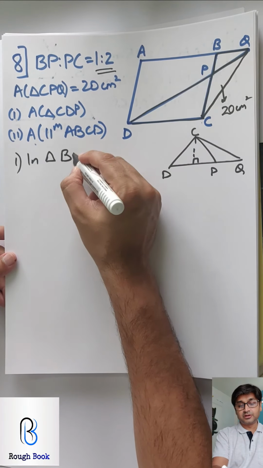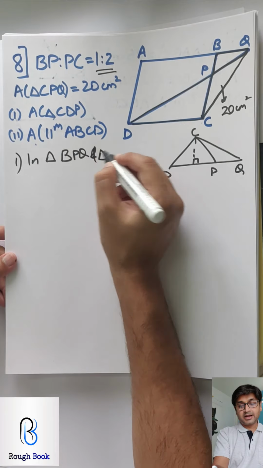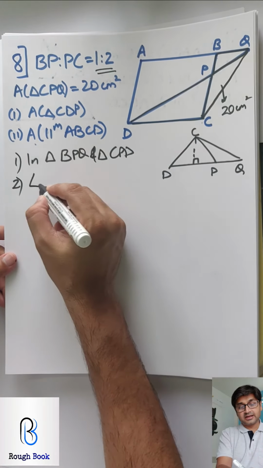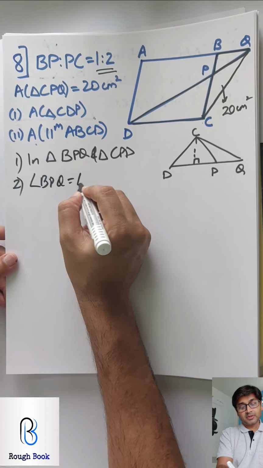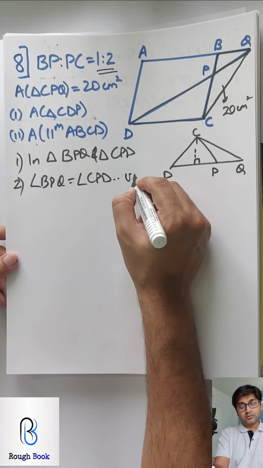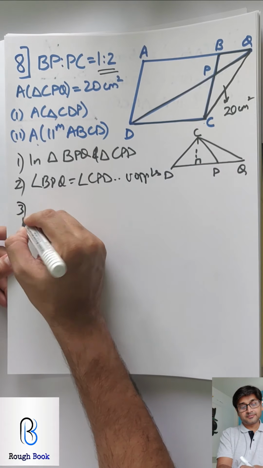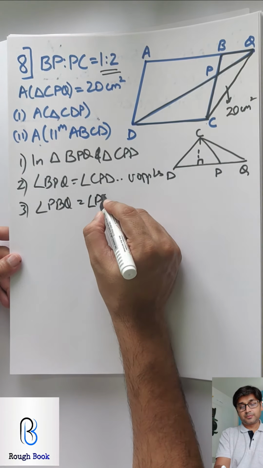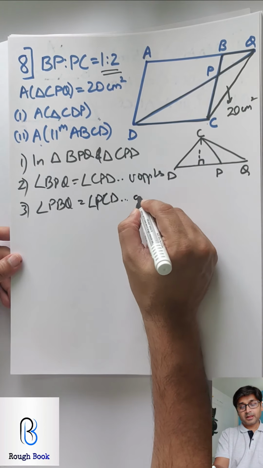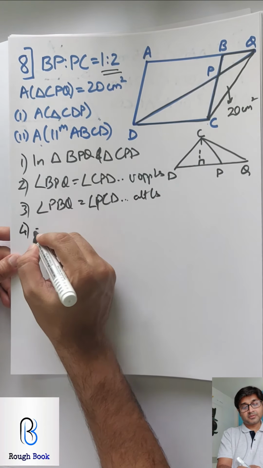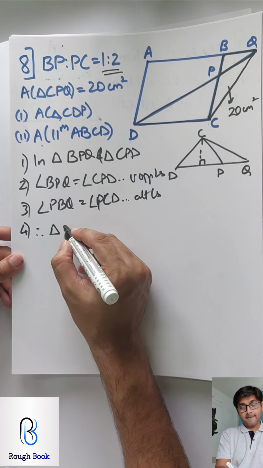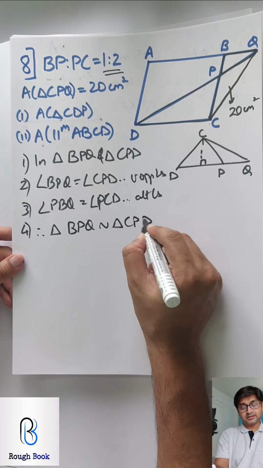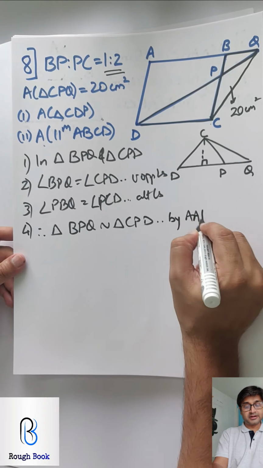So in triangle BPQ and triangle CPD, I can say that angle BPQ equals angle CPD, vertically opposite angles. Further, angle PBQ equals angle PCD, alternate angles, and therefore triangle BPQ is similar to triangle CPD by AA test.